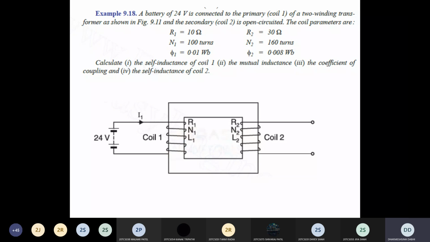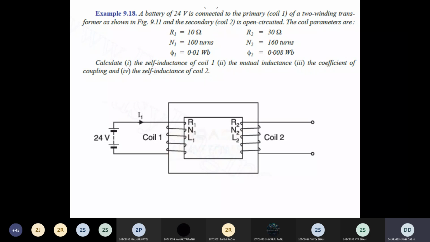Any problem? Find out mutual inductance. Now here you need some logic. Use the logic to find out mutual inductance. What is the flux linkage, or how much flux is linked with coil 2? Is it given in this example? Here current is flowing only in coil number 1.